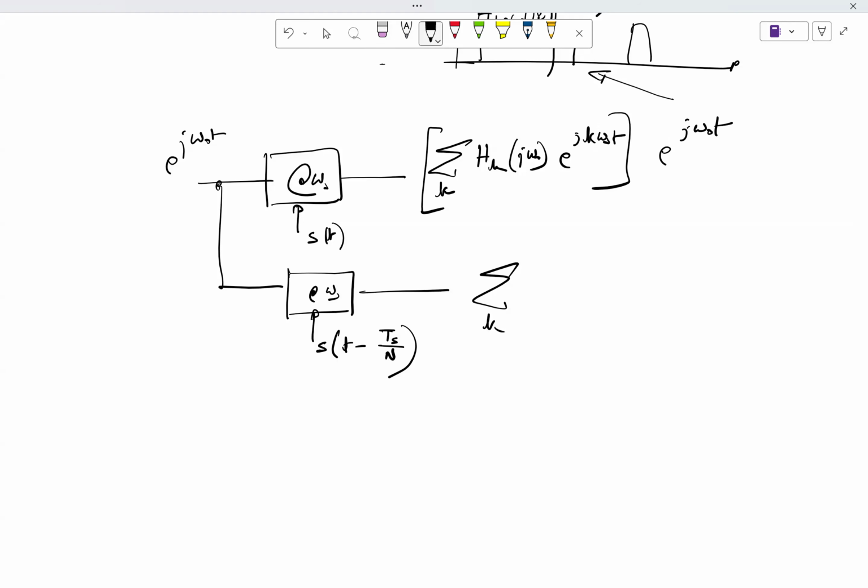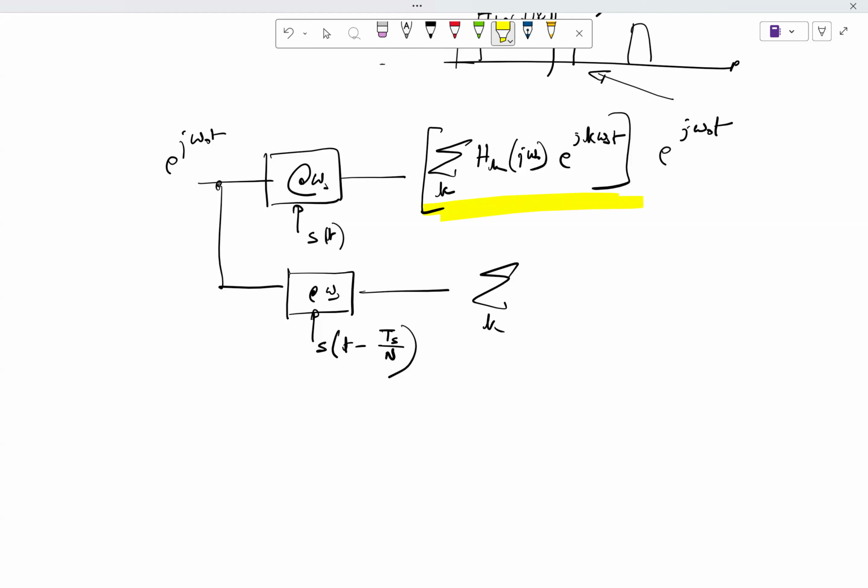Okay. So I delayed the clock. So where is that effect of time in the transfer function? The exponential has an effect of time. H_k does not have any effect of time. So when I delay the clock, do you expect H_k(j omega) to change? No, right.